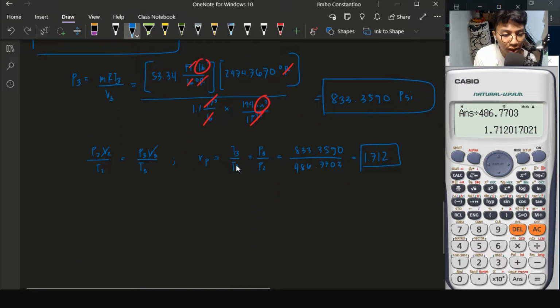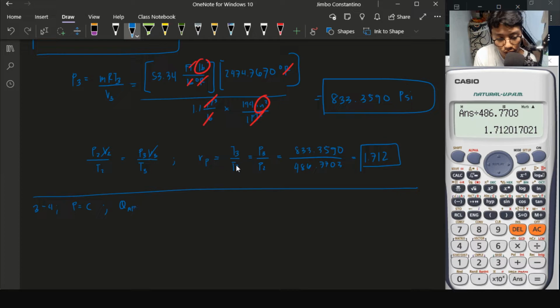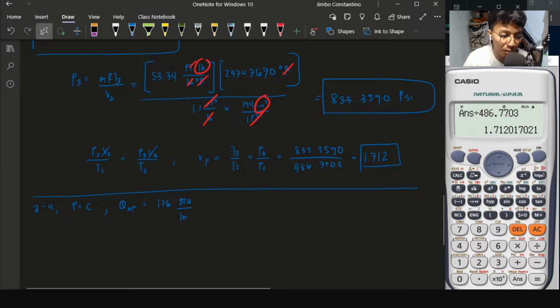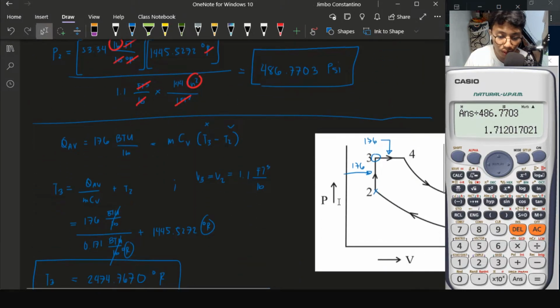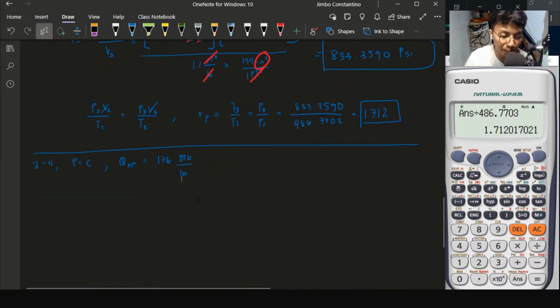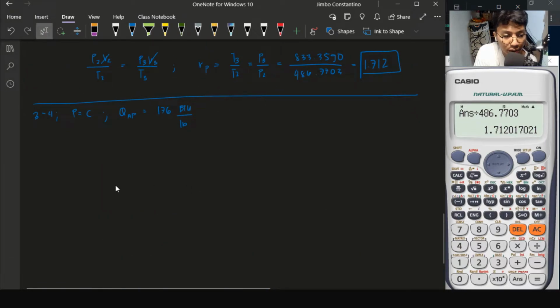How about the heat addition at constant volume? Process 3 to 4. Constant pressure, actually. Constant pressure. The heat added at constant pressure is equal to 176 BTU per pound. Do we already have T4? Not yet. We have T3. Check. That means we can get T4. So, T4 is unknown. Where can we get it? We can get it here.